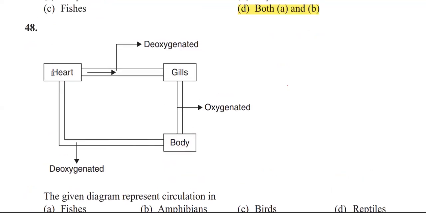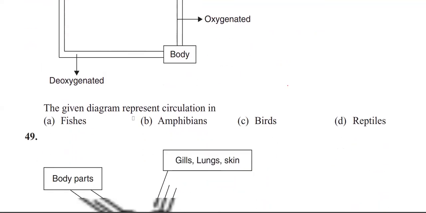The heart is receiving deoxygenated blood, and this deoxygenated blood is pumped to the gills. In the gills, oxygenation takes place and it pumps to the body. And this is a single circulation, which is seen in fishes.